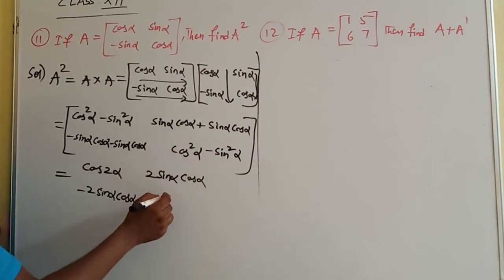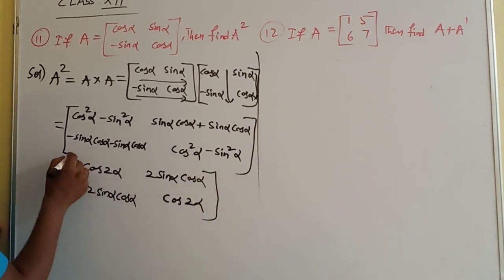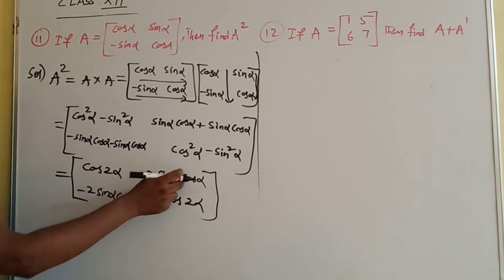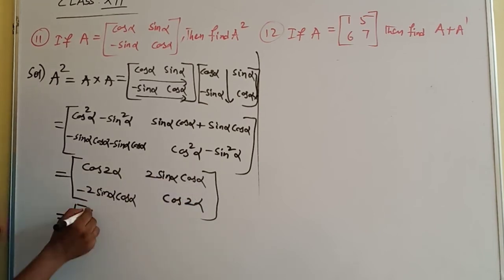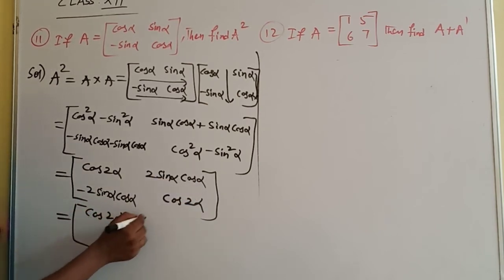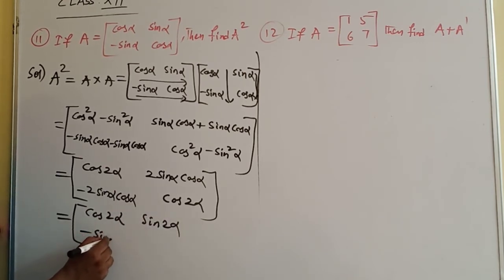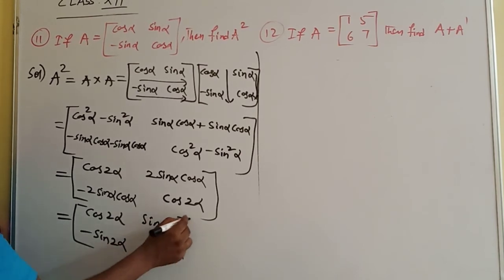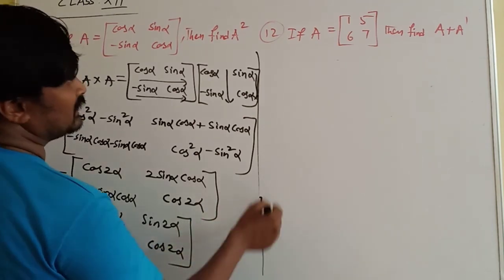Cos square alpha minus sin square alpha, cos 2 alpha. Now, you already know one formula: 2 sin alpha cos alpha is nothing but sin 2 alpha. So right here it is cos 2 alpha, sin 2 alpha, minus sin 2 alpha, and then cos 2 alpha. Like this you have to solve your 11th problem. Let's move on to the 12th one.